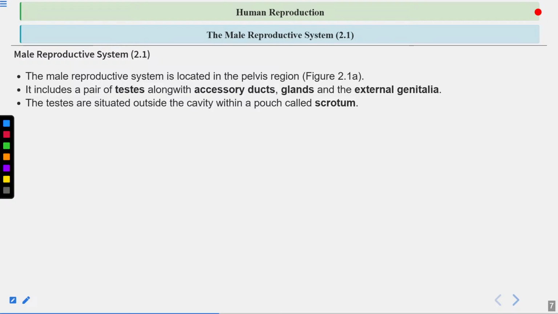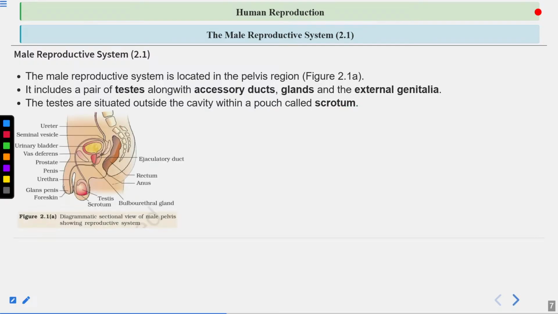First of all, the testes are situated outside the abdominal cavity, within a pouch called the scrotum. Why are the testes present in the scrotum? In the scrotum, a lower temperature is maintained as compared to the body temperature. Body temperature is 37 degrees Celsius.